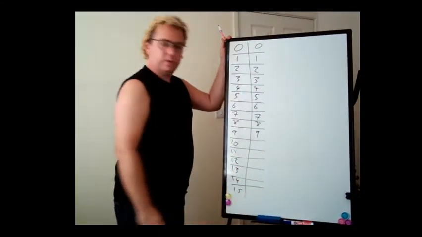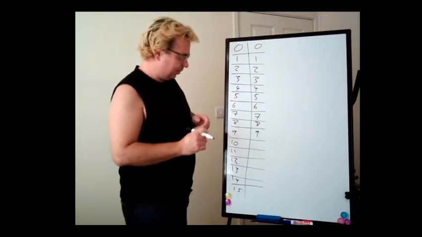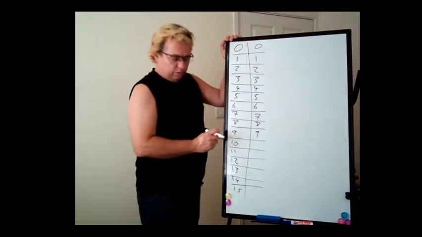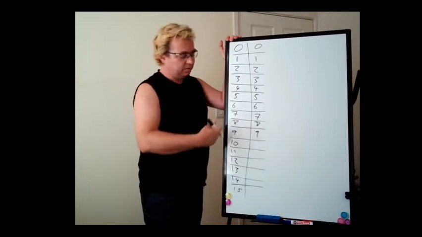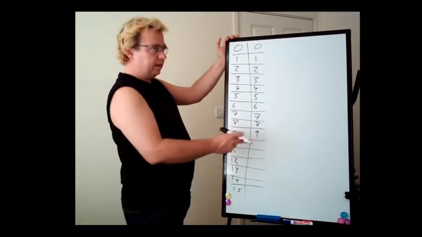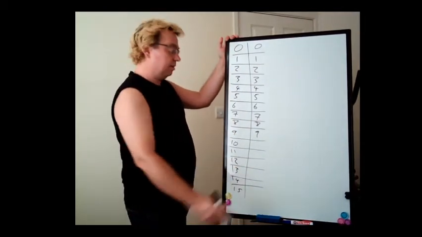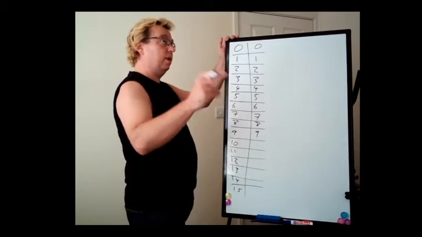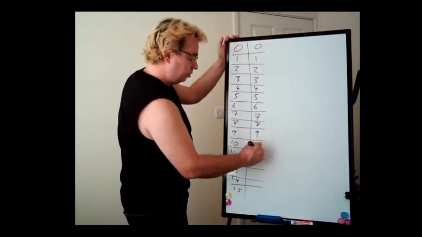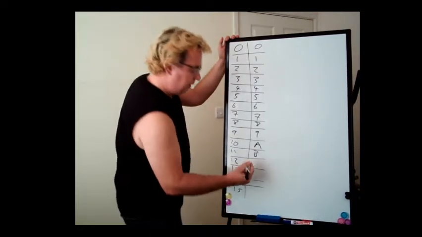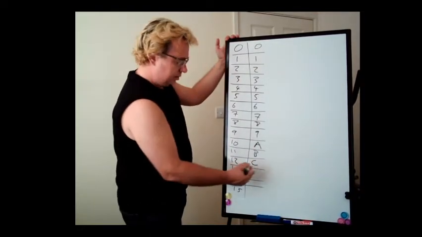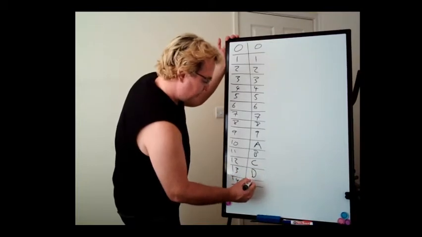It's going to be a bit more complicated for you than other people. Okay, when we get to 10, rather than representing it as 10, or in binary that would be 0, 1, 0, 1, 1, 0, we represent it as A. 11 is B, 12 is C, and so on.